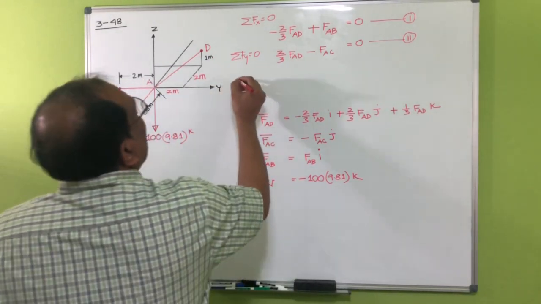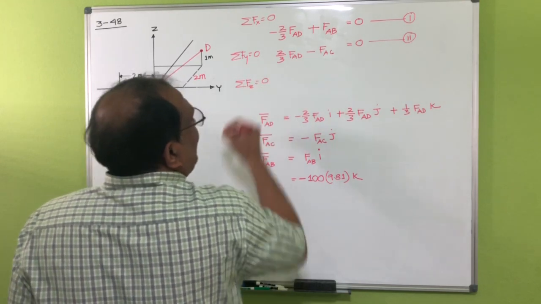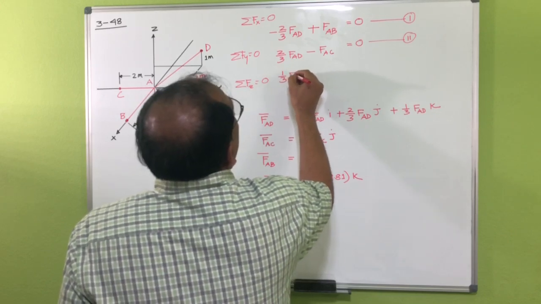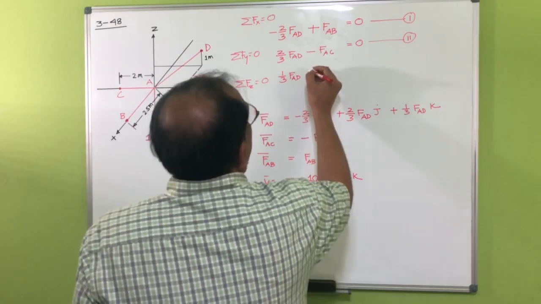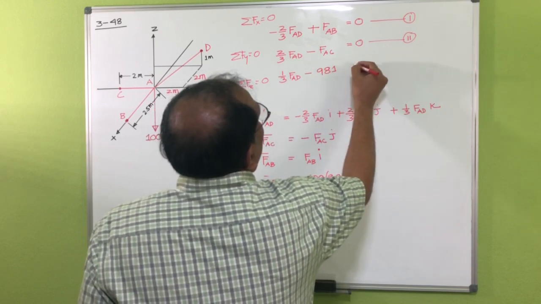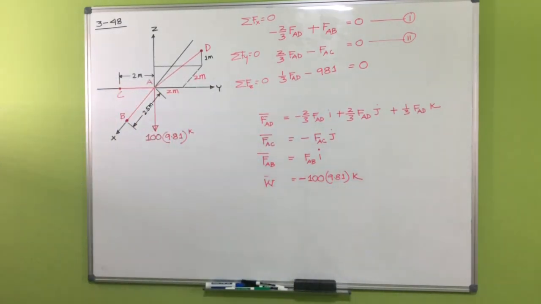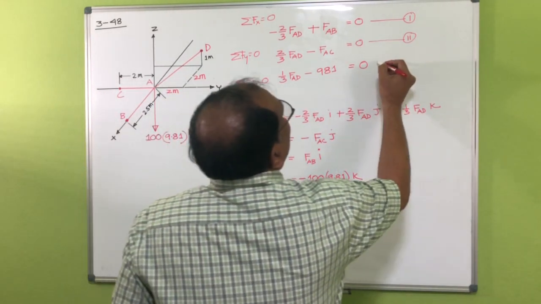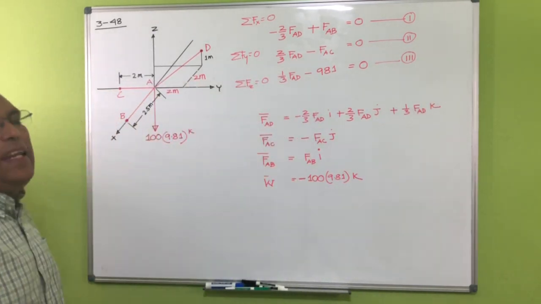And if I add the z term, then you can see 1/3 of FAD minus 981, that's actually 0. Okay, so you can see now I can just solve the three equations here and find out the forces FAD, FAB, and FAC.